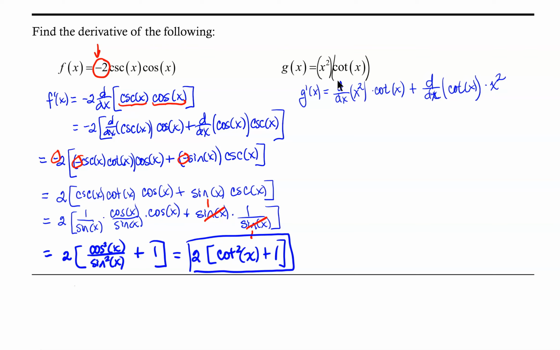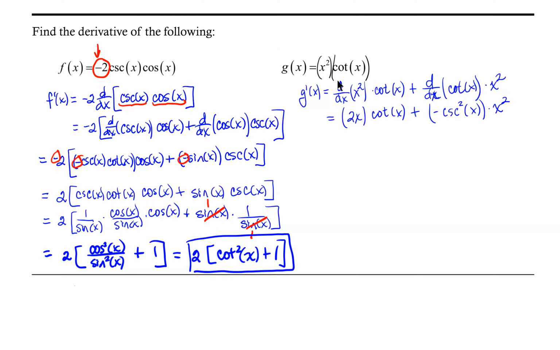We'll go ahead and find the two derivatives. The derivative of x squared is 2x, using the power rule, times cotangent of x, plus the derivative of cotangent of x. Well, the derivative of cotangent of x is negative cosecant squared of x times x squared from our product rule.